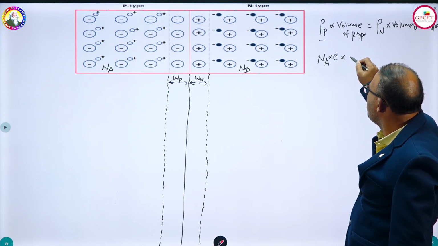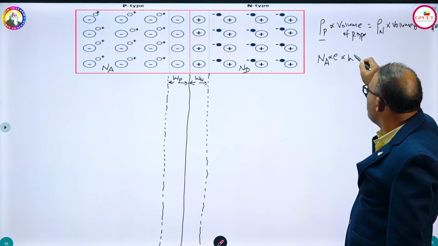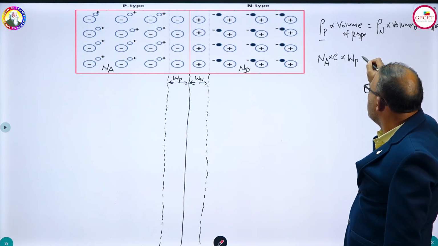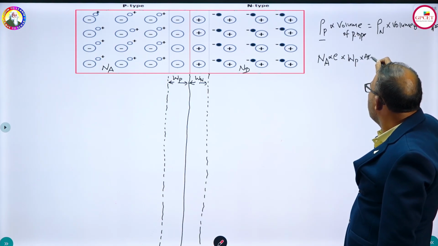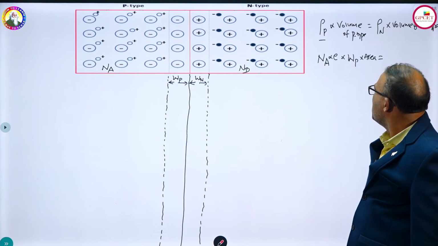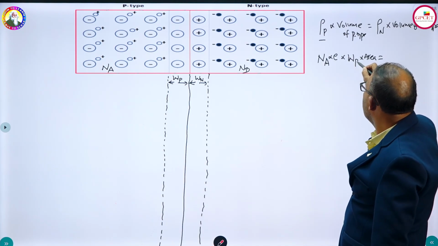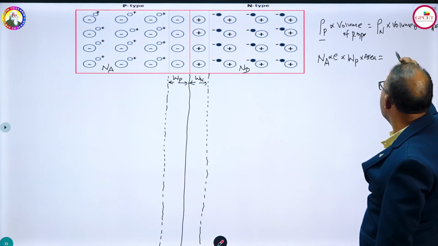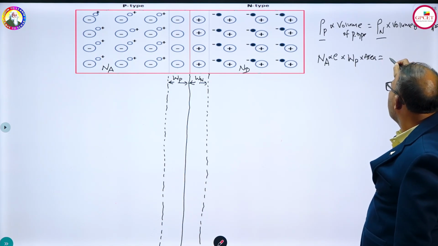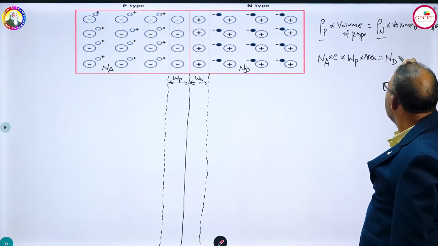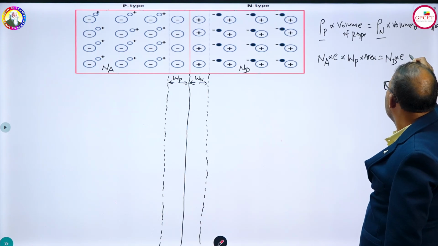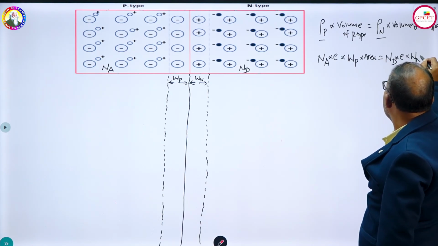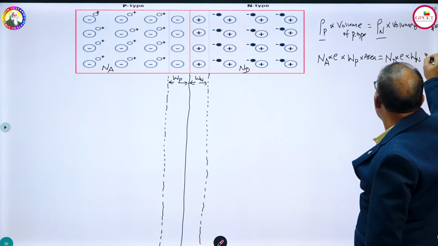The length of the p region is Wp, so the volume is Wp times area. Similarly, in the n-type, the charge density is Nd times e, and the volume is the length of the depletion region in the n-type, Wn, times area.